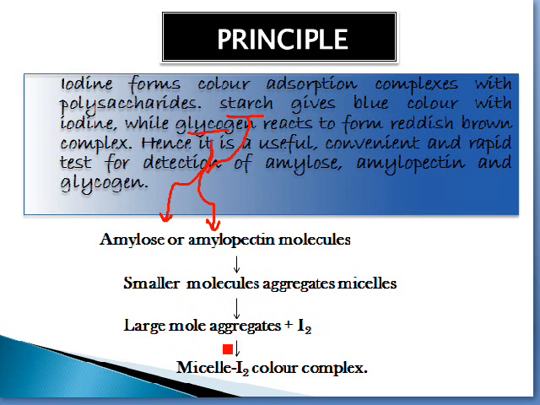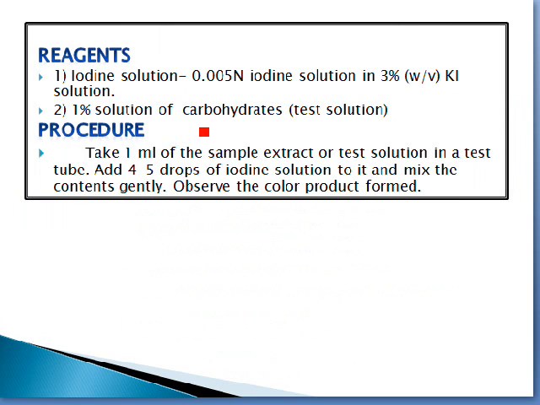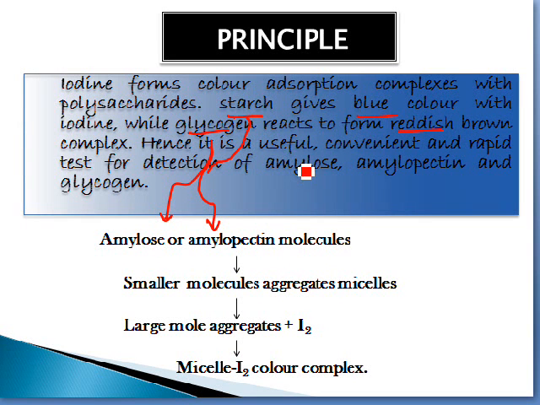Starch gives blue color with iodine while glycogen reacts to form a red color complex. Hence, it is a useful, convenient and rapid test for detection of amylose and amylopectin. Here small molecules aggregate to form a micelle which reacts with iodine and forms a micelle-iodine color complex.